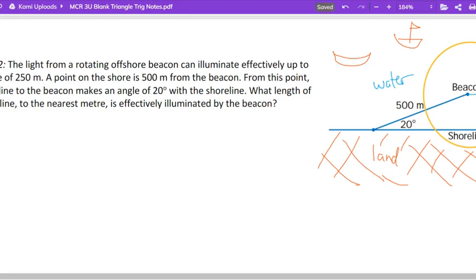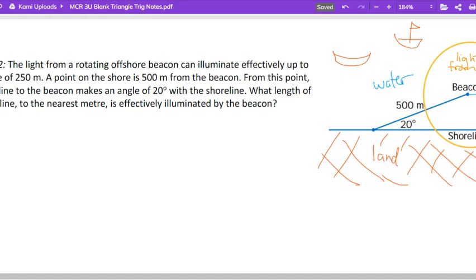We good? And this yellow is, maybe I should label it, light from beacon. Okay, next.